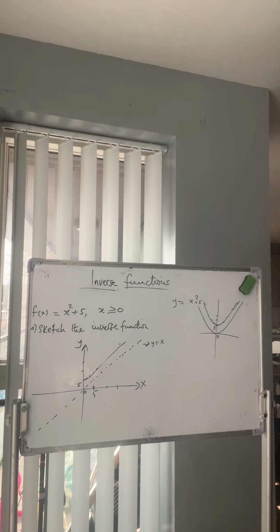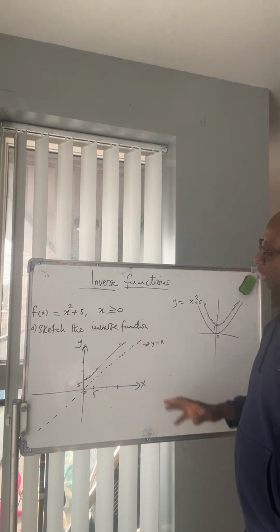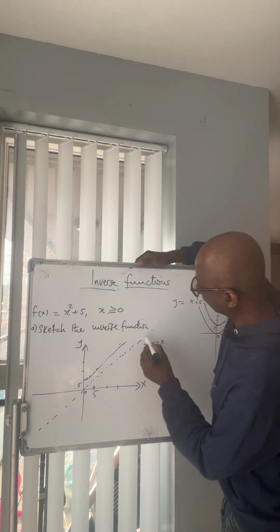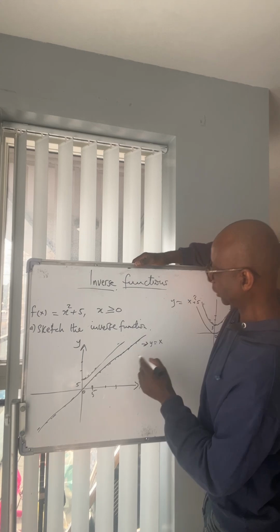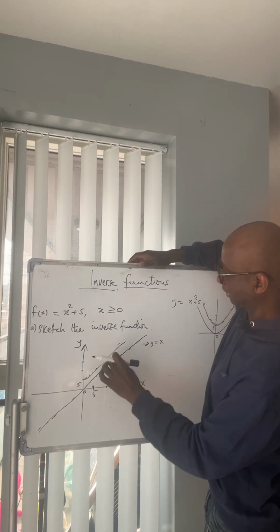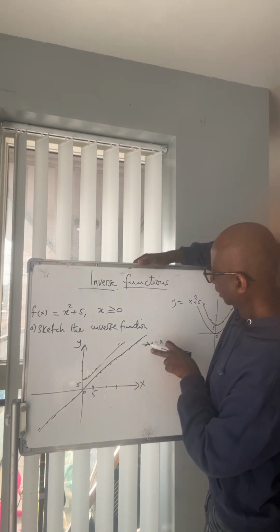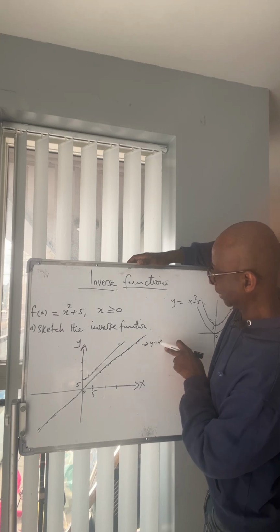So now we want to sketch the inverse. What I told you earlier on, that this line that goes through the origin is the line y equals x.